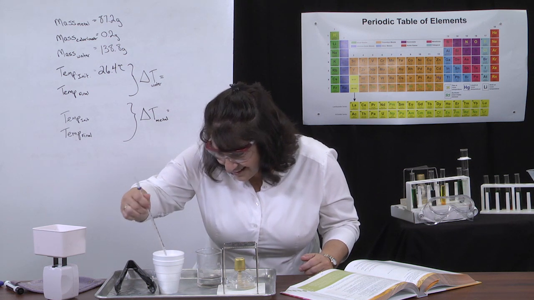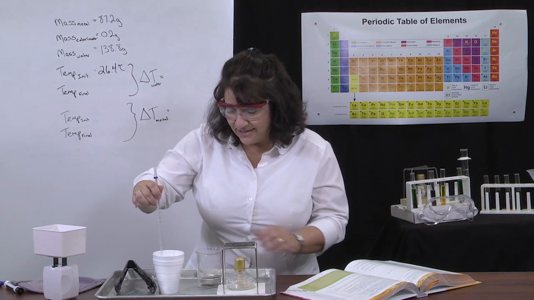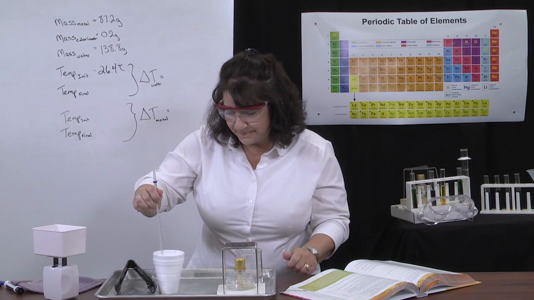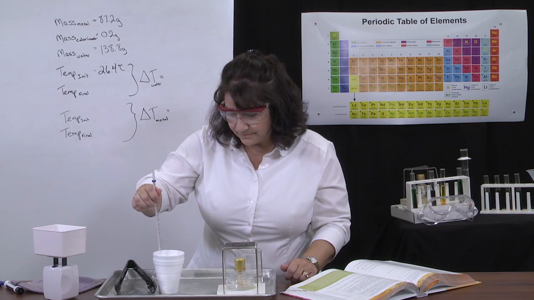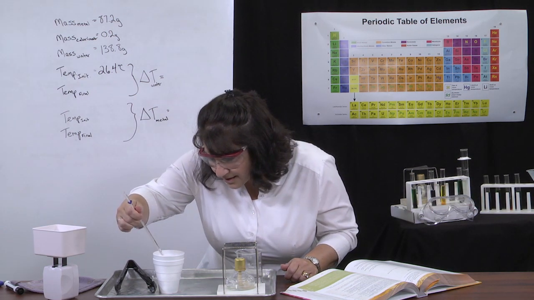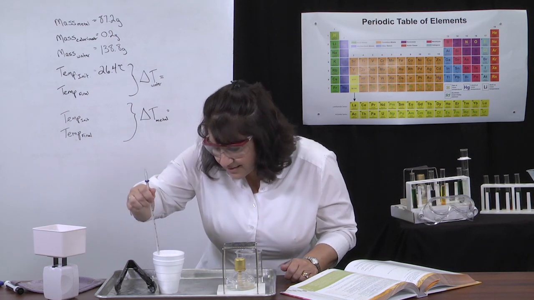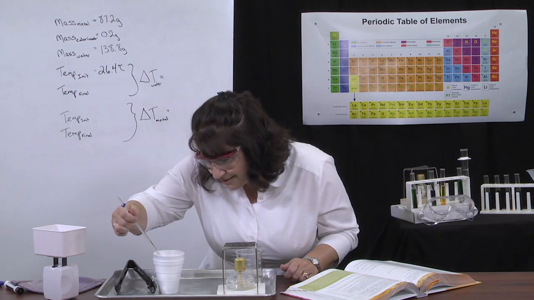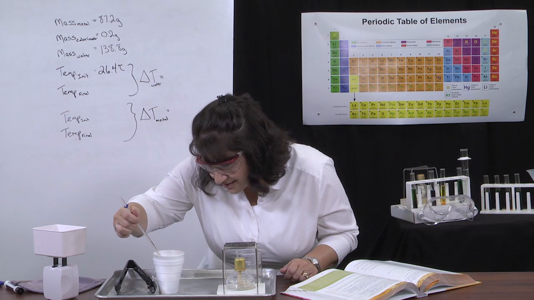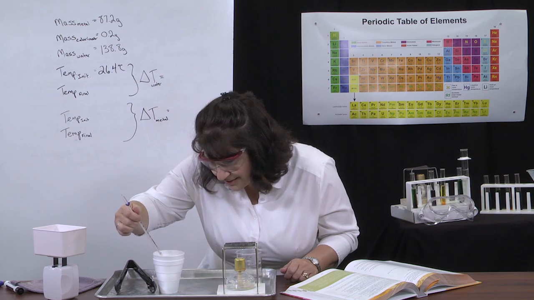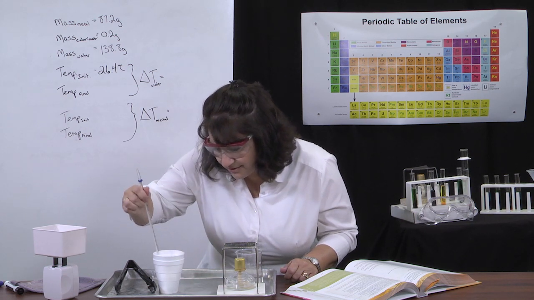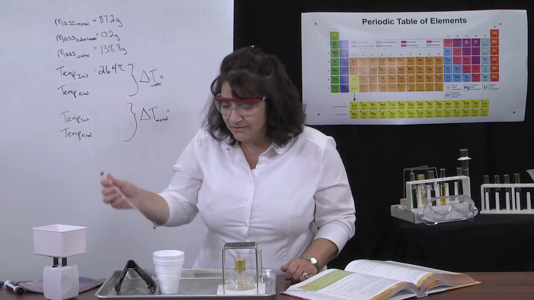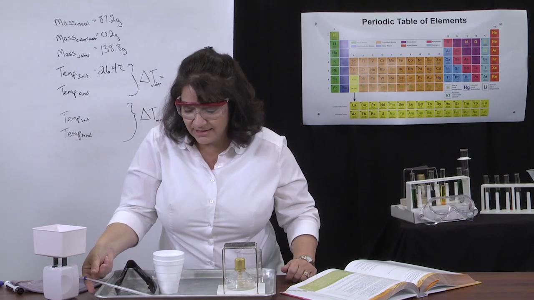Okay. Wait a few more seconds here and see if it stabilizes. Staying the same. Okay, so my final temperature here is right on the dot at 28.0 degrees Celsius. So I'm going to write that down, 28.0 degrees Celsius.